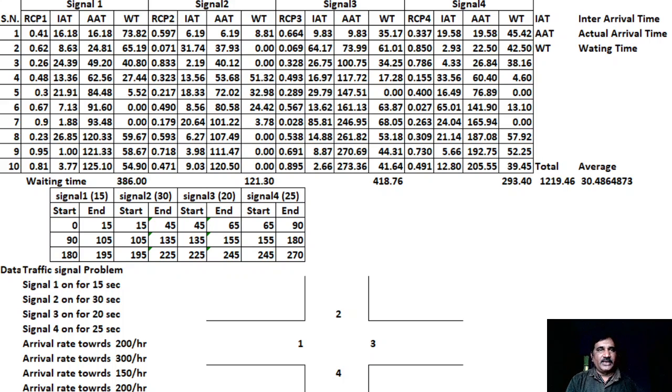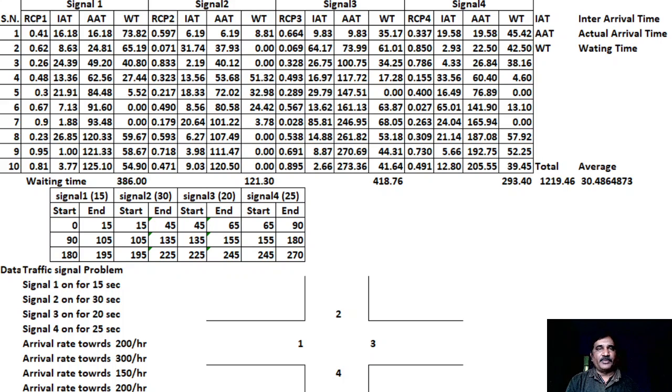The first actual arrival time will be equal to the inter-arrival time, and each subsequent actual arrival time will be found as the sum of the previous actual arrival time plus the prevailing inter-arrival time, which gives you the actual arrival time for the concerned vehicle.